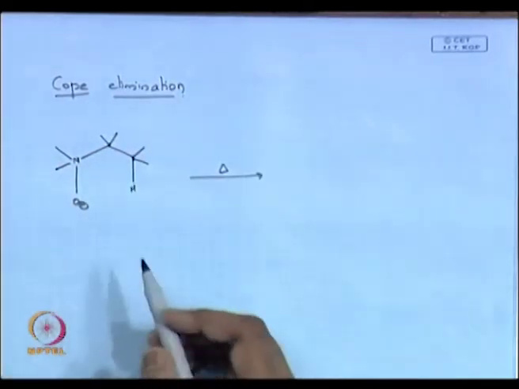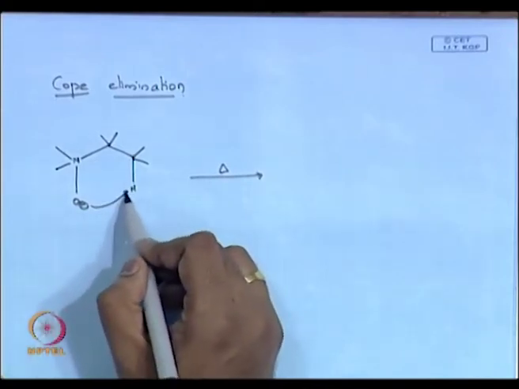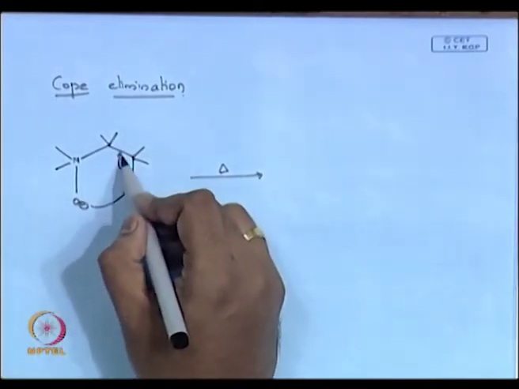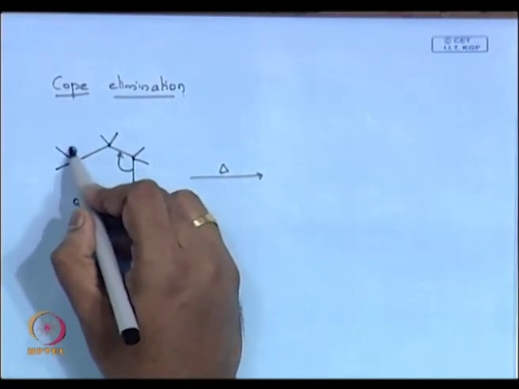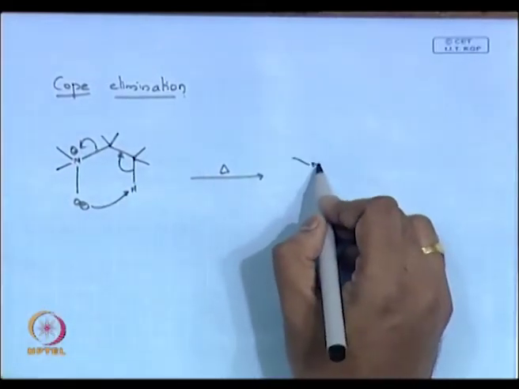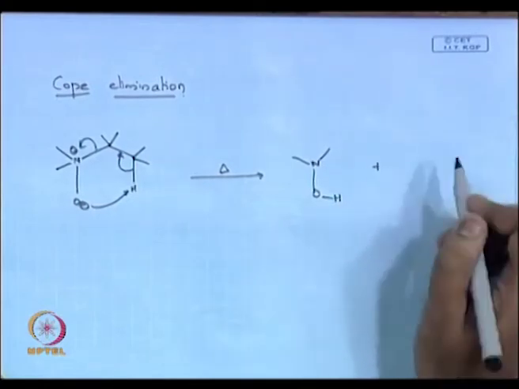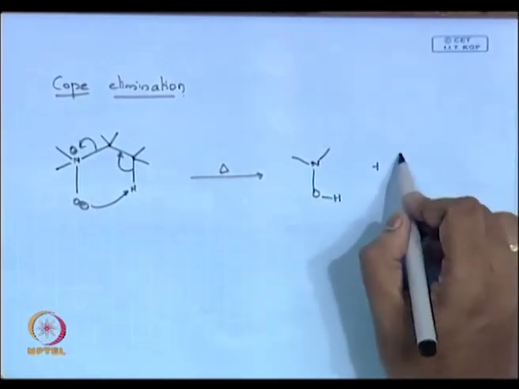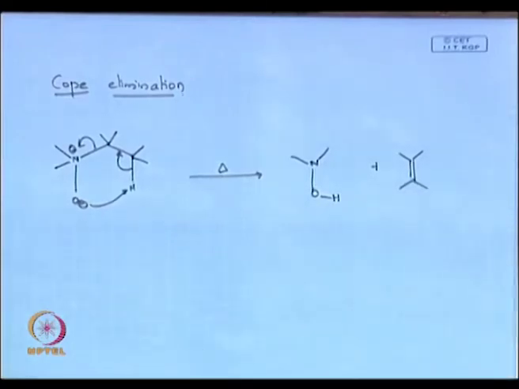In the Cope elimination, for example, you can have this O minus abstract a hydrogen, with the positive charge, yes. It gets your hydroxylamine and you end up with your alkene. Your Cope elimination reaction also falls under retro-ene reactions.